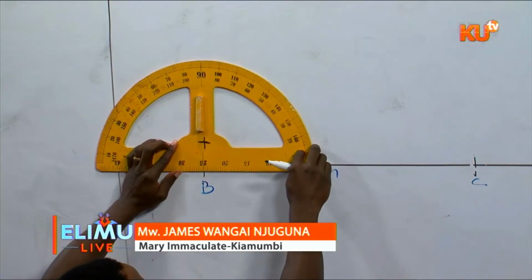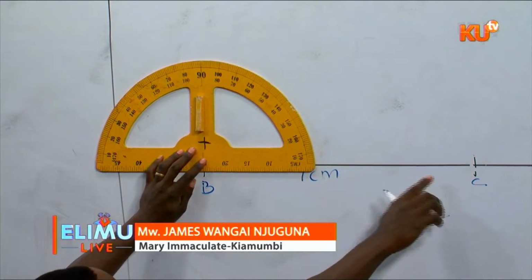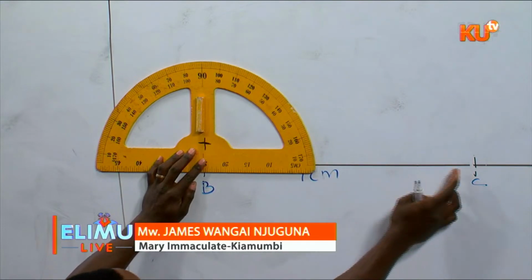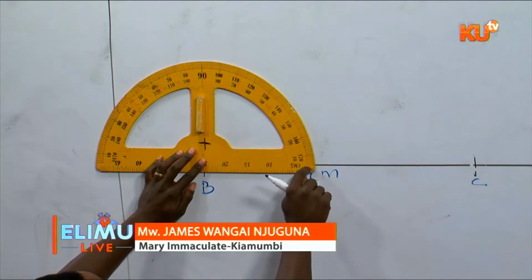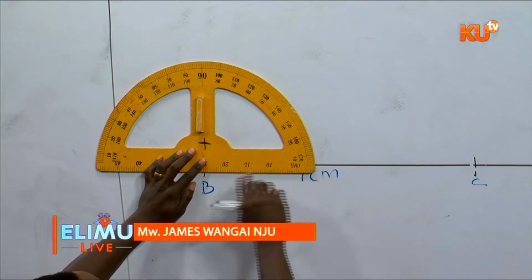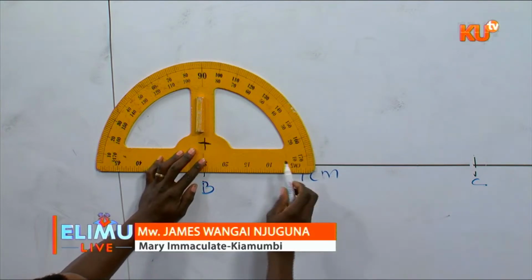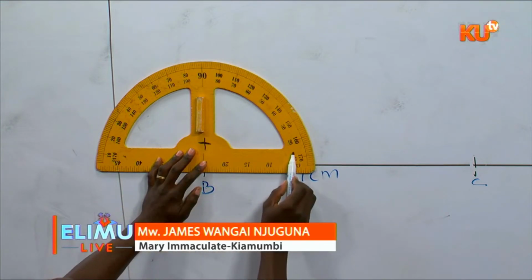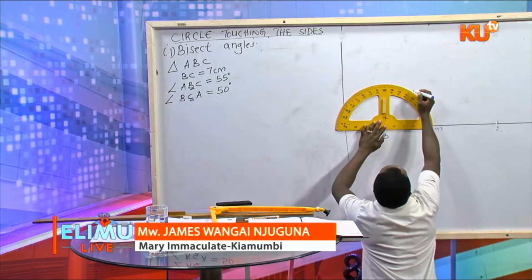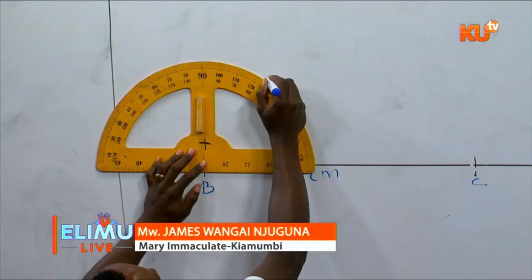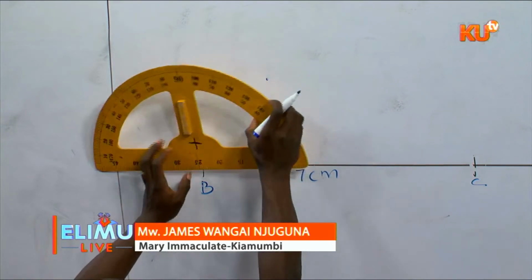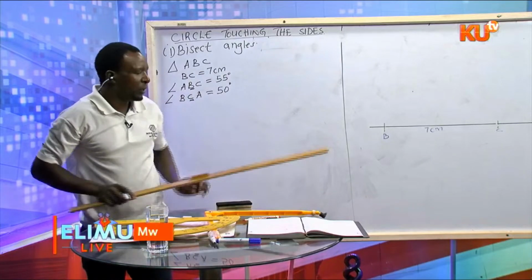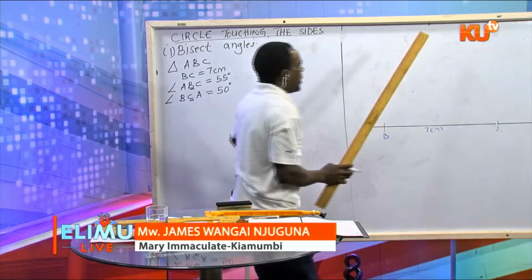Put it gently. You see, this is the side that has been left with a space from here to here. So we are going to check the scale that has started from 0 on this side. And this is our inner scale. So we read 55 degrees: 40, 50, 55 degrees. Put a dot there. Then take your long ruler and draw a long line.